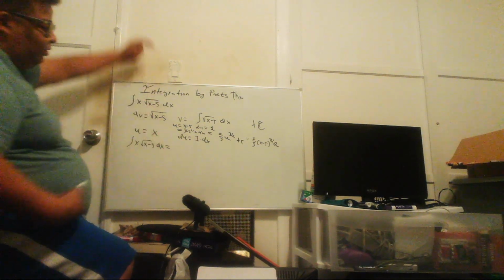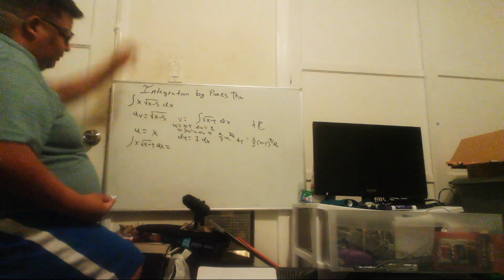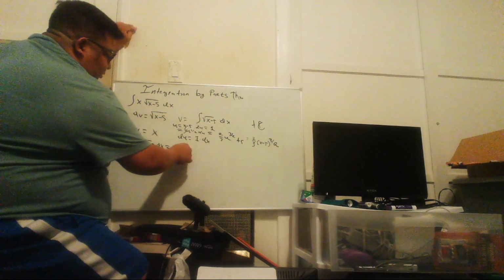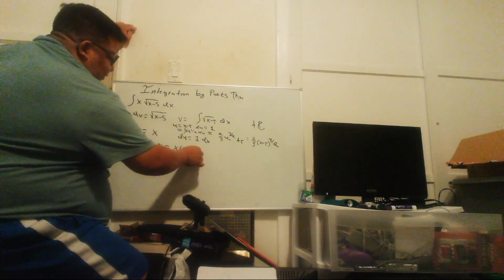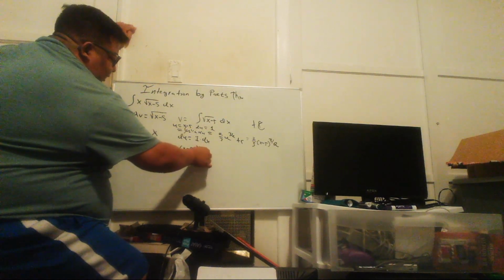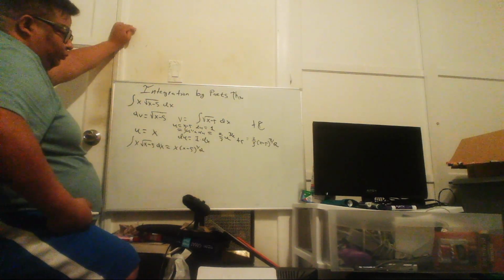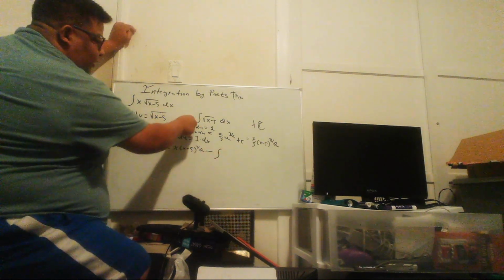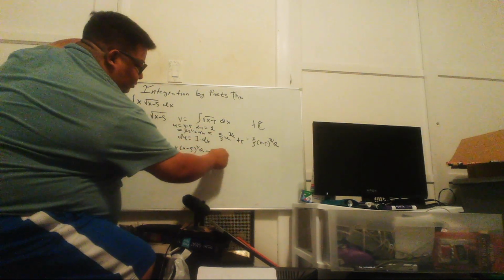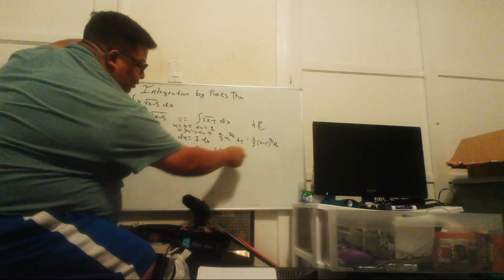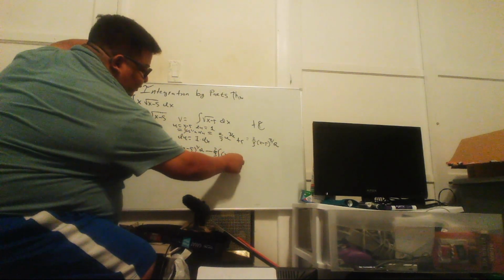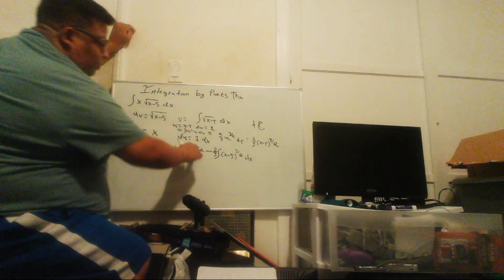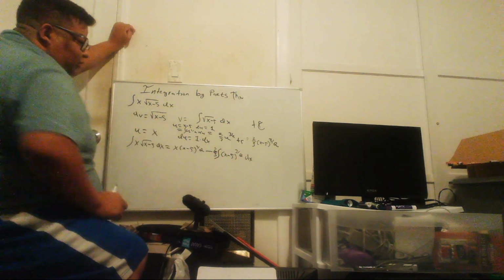That integral becomes u times v. So what is u? u is x, and v is x minus 5 to the 1/2. Then we're gonna do minus the integral of v, which is 2/3 x minus 5 to the 3/2 dx, because we have 1 times dx.